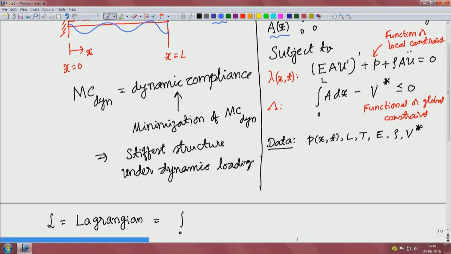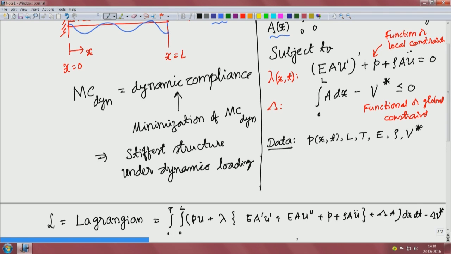We will have the objective function, integral 0 to L, 0 to T, Pu, and then we have all of this lambda times, I will expand this, E A prime u prime plus E A u double prime plus P plus rho A u double dot, and plus capital Lambda A, all of this dx dt, minus lambda V star.